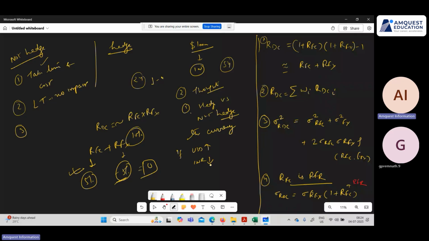How about that I can get double my return, one from appreciation, one from the currency. If I'm going to hedge that, I lose out that opportunity of earning from the currency. Yeah. Right? So these are my reasons of why I should not hedge. Yeah. Is that okay? Are we good with that?